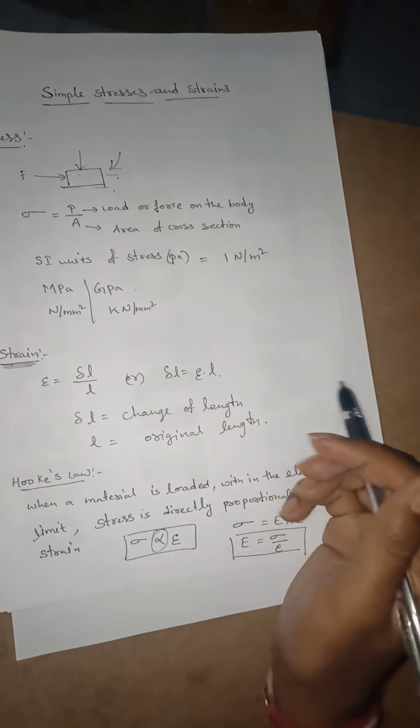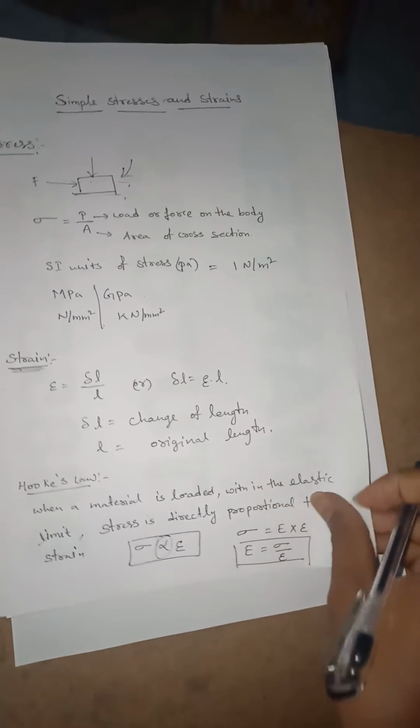So the value of the modulus of elasticity E, for steel, is 200 gigapascal.